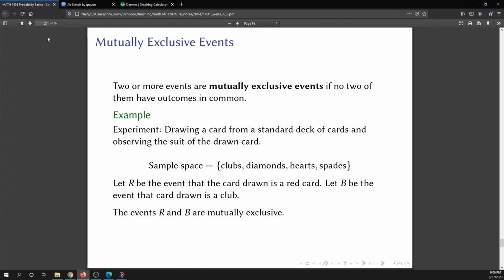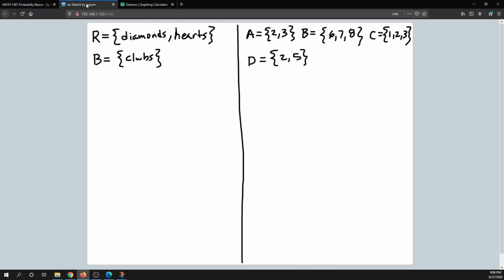If I calculate R and B, which we've done before, remember what R and B are. That is the set of all outcomes that are in both event R and event B. You can see there's nothing in common. There's nothing in here, and so the event R and B is the empty set.